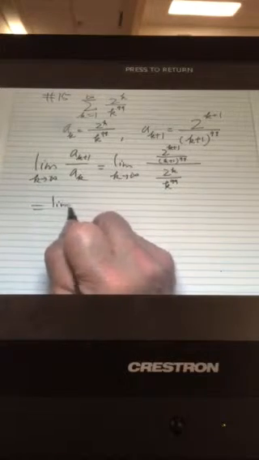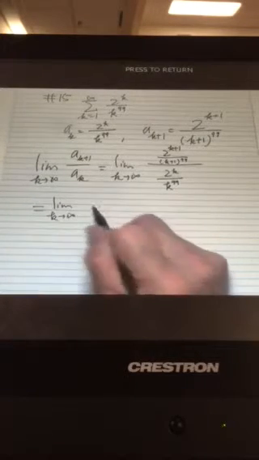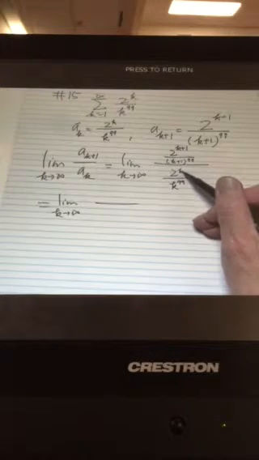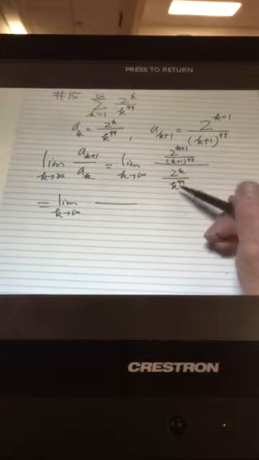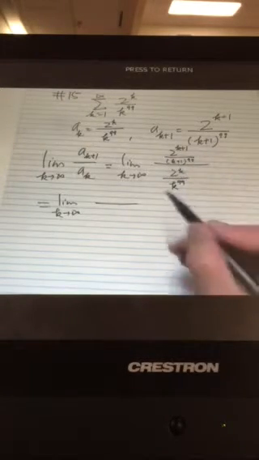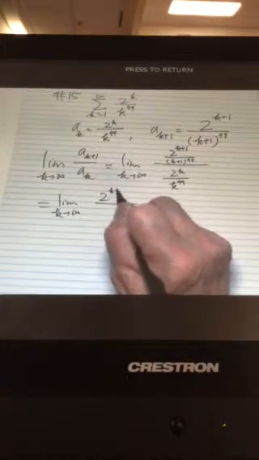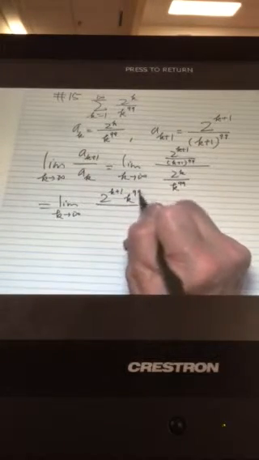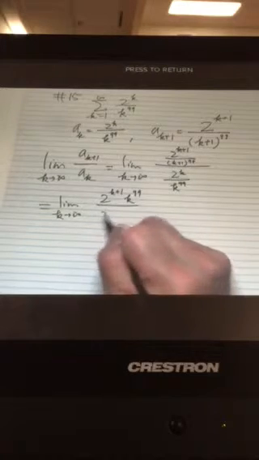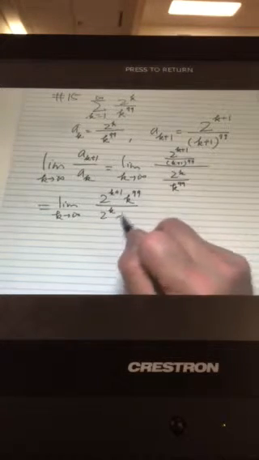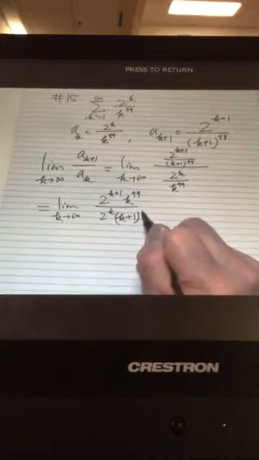So this limit, k goes to infinity. When I multiply like this, I get 2 to the k plus 1 times k to the 99 over 2 to the k times k plus 1 to the 99.